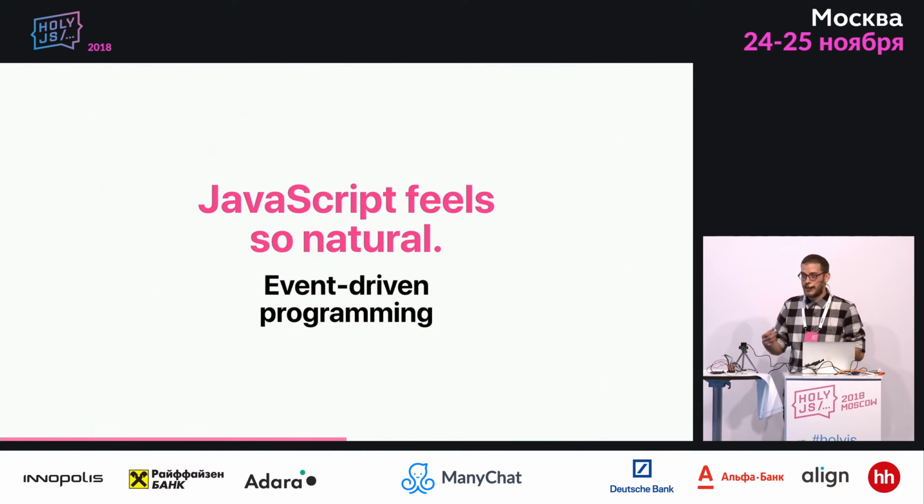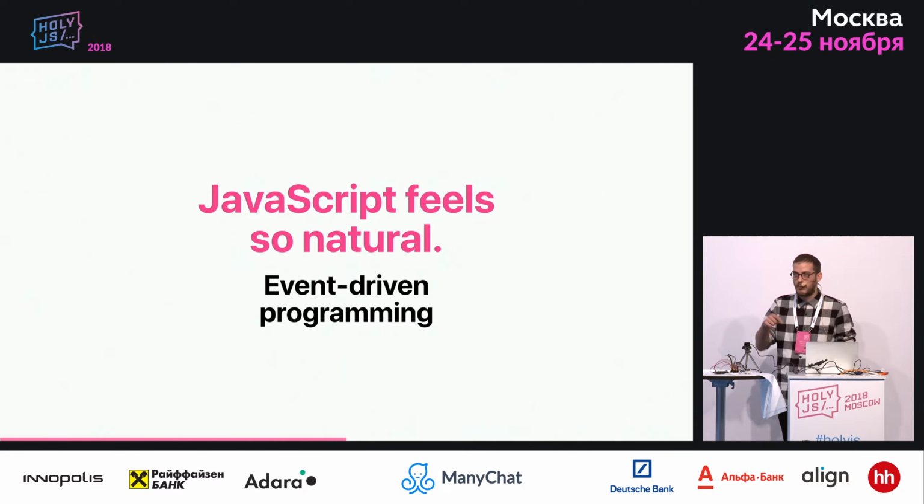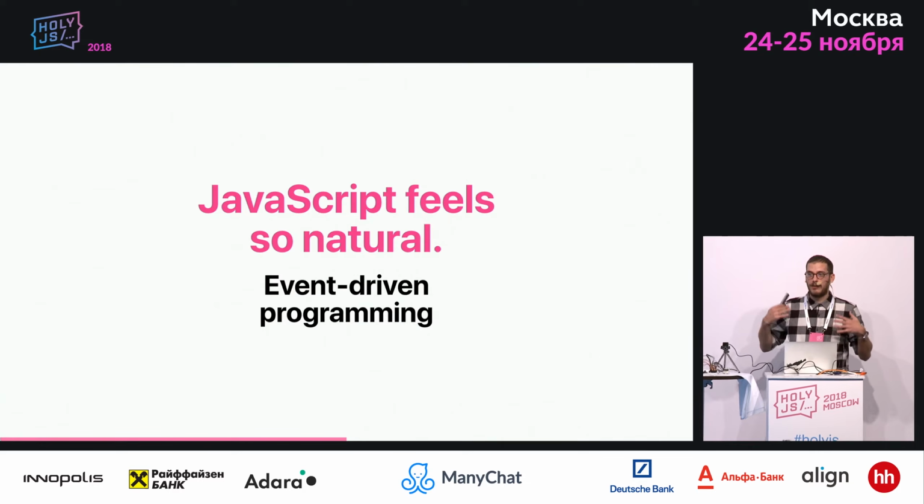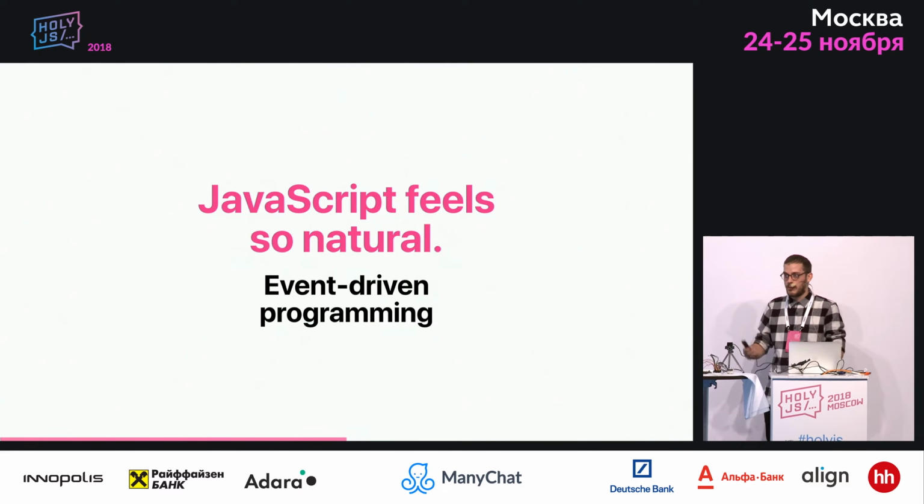You're gonna find yourself in the situation of trying to interact with buttons or displays or sensors and so on. And JavaScript feels way too natural for handling events. Using promises or callbacks, JavaScript actually is an event-driven programming language.